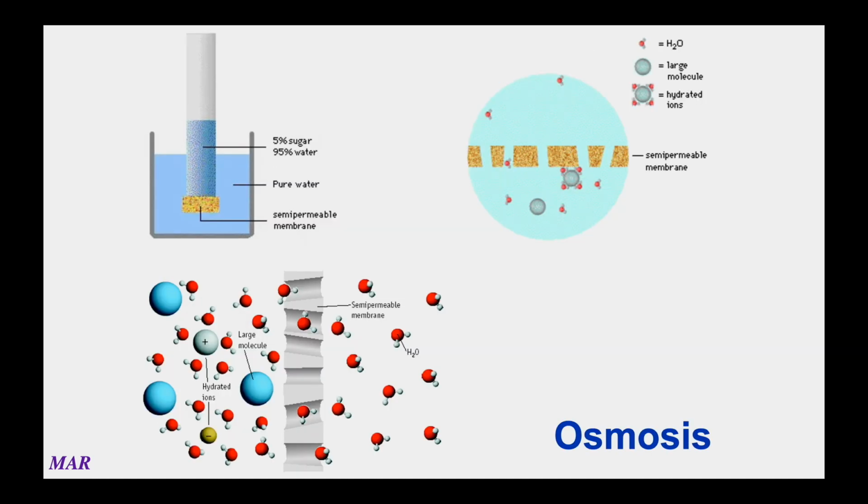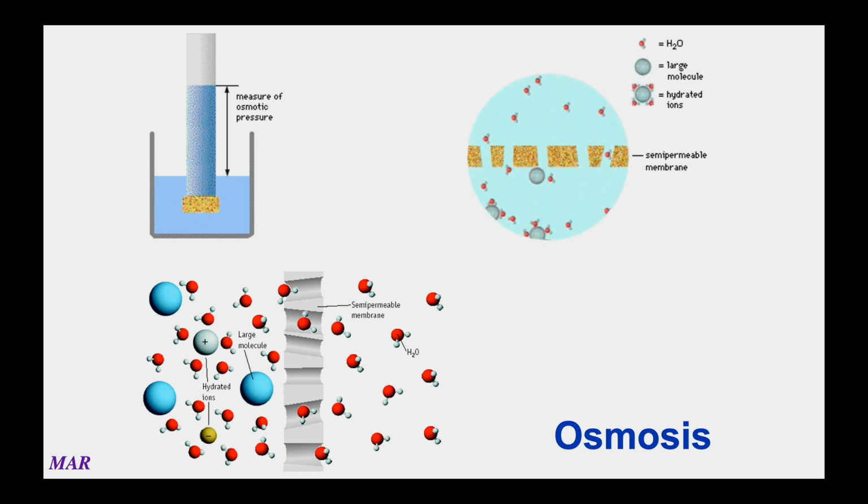When a solution and a pure solvent are separated by a semi-permeable membrane, solvent can flow in both directions, but the solute cannot. Here, pure water moves into the solution, working to bring both the solution and pure water to the same concentration. This process, osmosis, continues until the flow of water across the membrane is balanced by the pressure exerted by the water column.